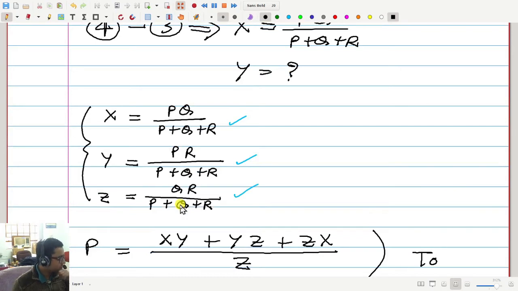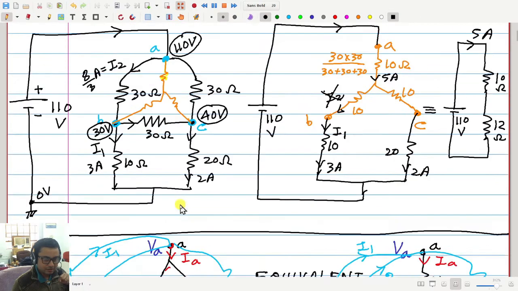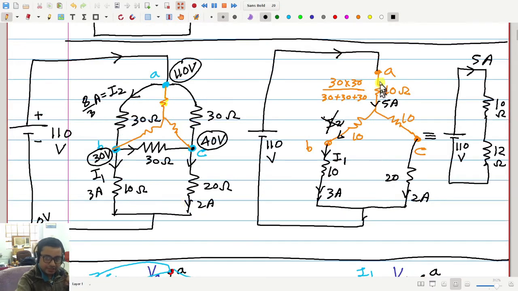Sir, I did not get how you concluded that it's 10 ohm. How did you solve that star configuration, sir? This 10 ohm?